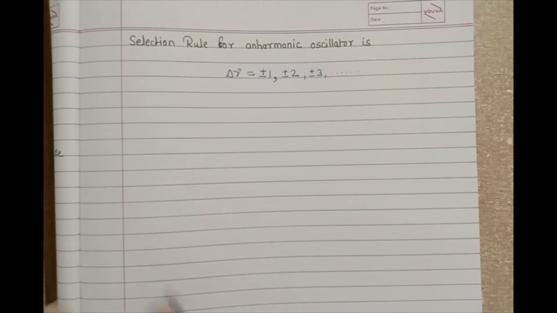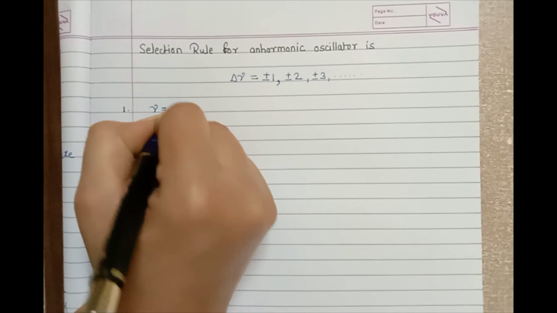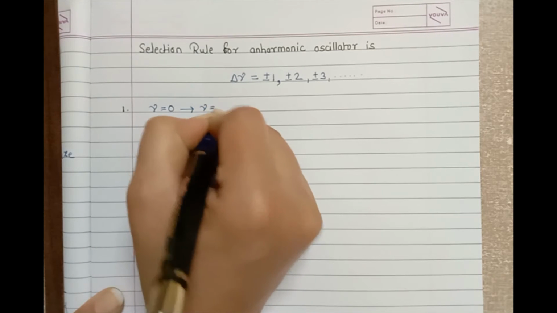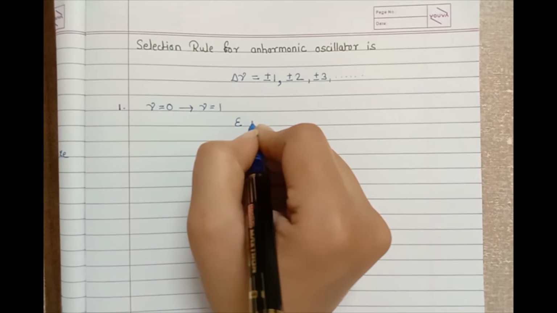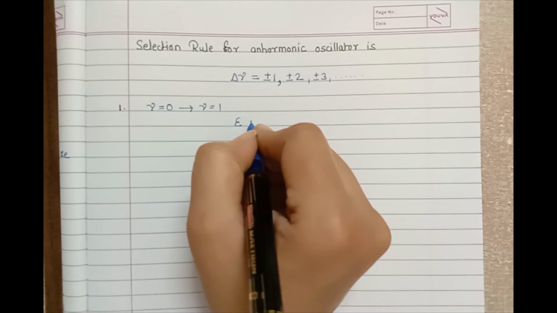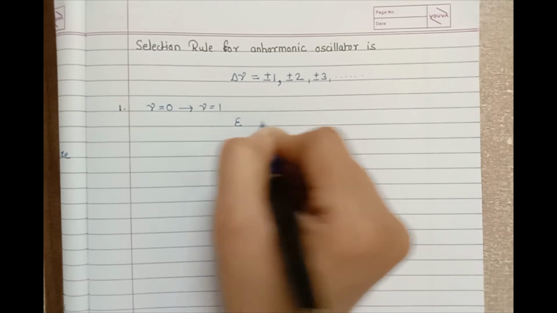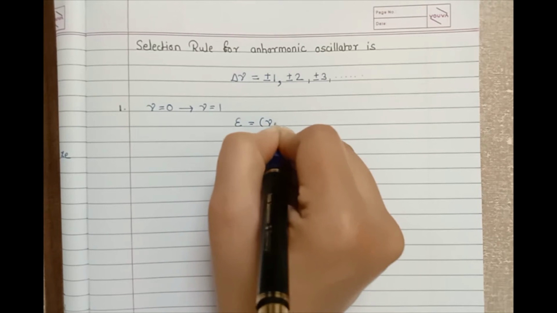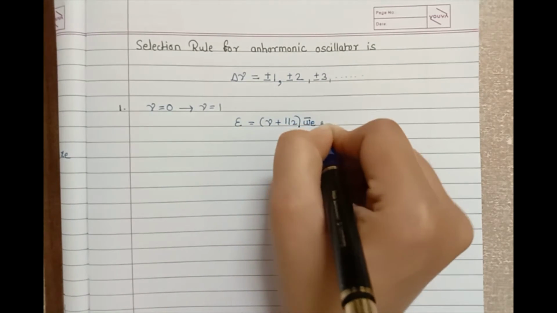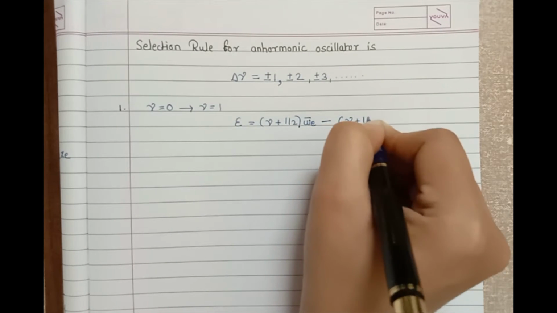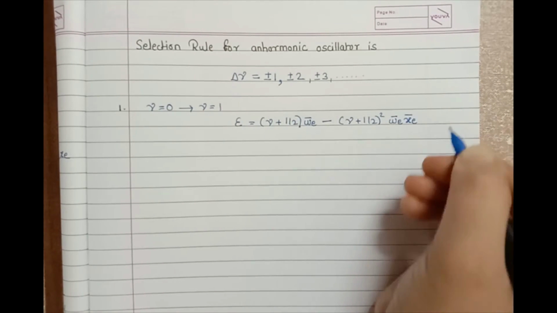So one by one we will see. When the transition is from nu is equal to 0 to nu is equal to 1, we know the formula for epsilon. The formula for epsilon is nu plus 1 by 2 omega E bar minus nu plus 1 by 2 square omega E bar xe bar.